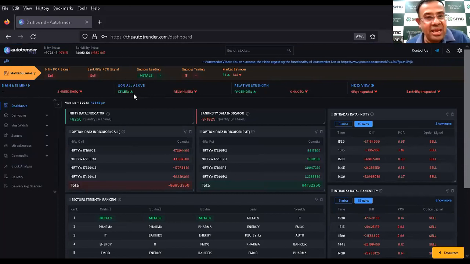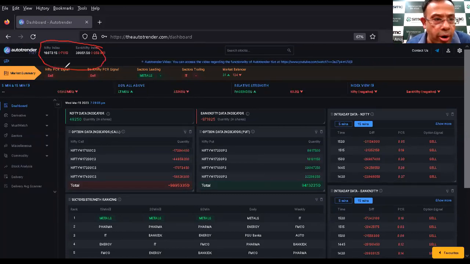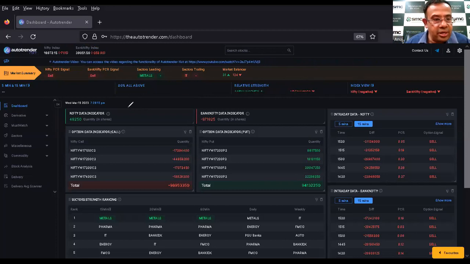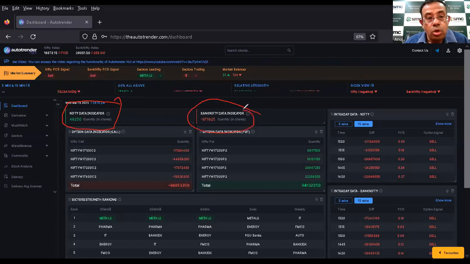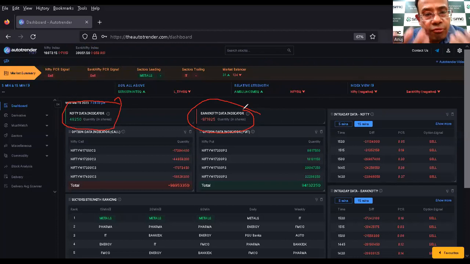Initially you can see we have given you the Nifty spot and Bank Nifty spot index, which you can refer to any which way. And then, if you look closely, there is a Nifty data indicator and a Bank Nifty data indicator. These two data indicators are suggesting a future data trend, how data is developing on the futures side. We have done certain calculations at the back end and presented you with this figure.